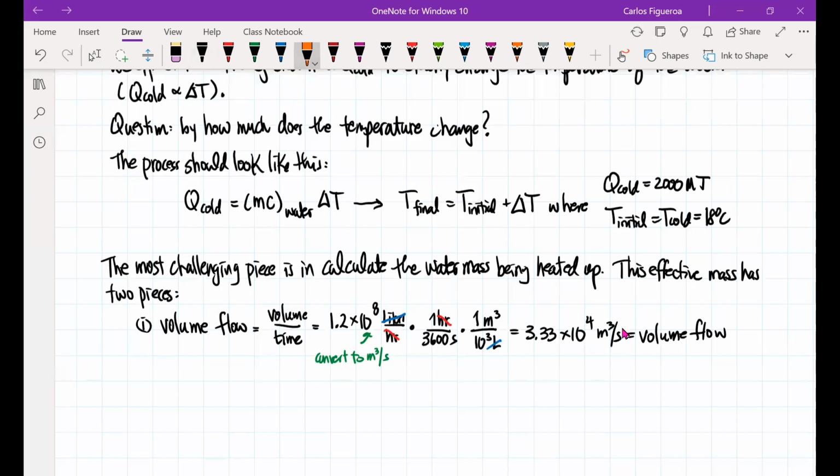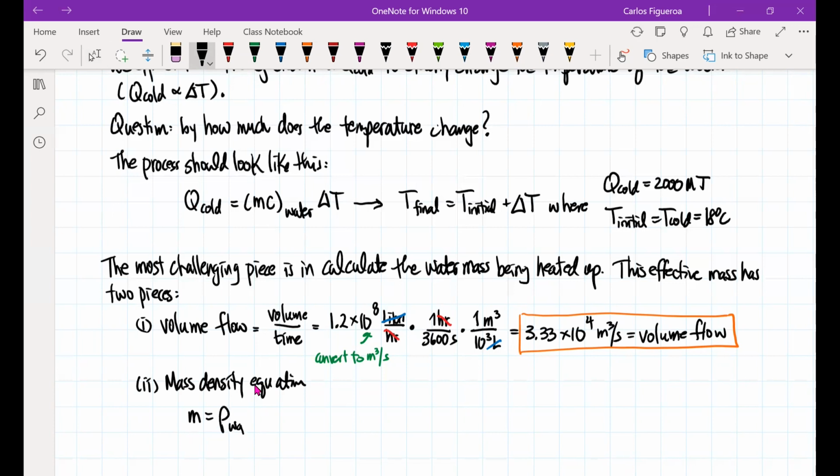Okay, so now I have my volume flow. To convert this into a mass, I'm going to use the mass density equation, which essentially says that the mass is equal to the density of water times the volume.